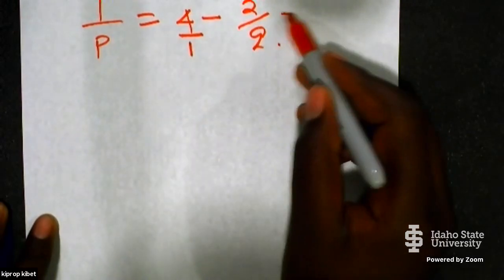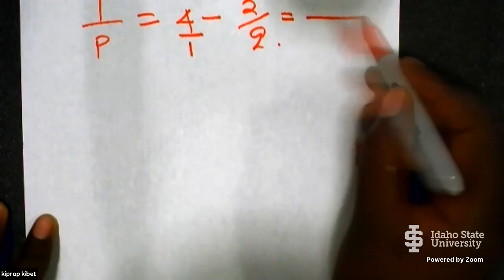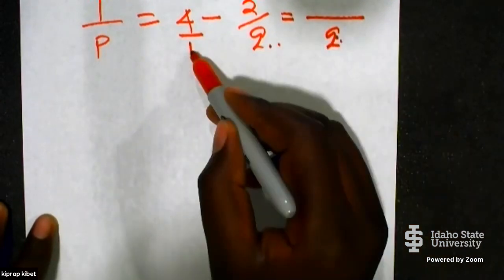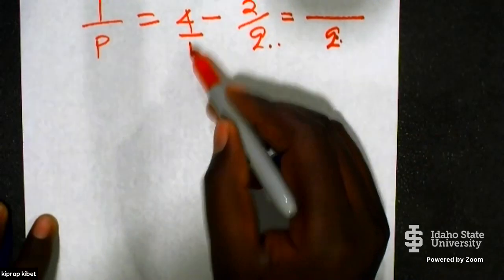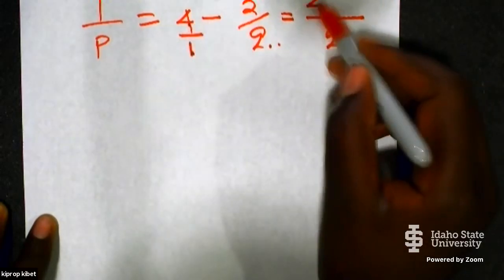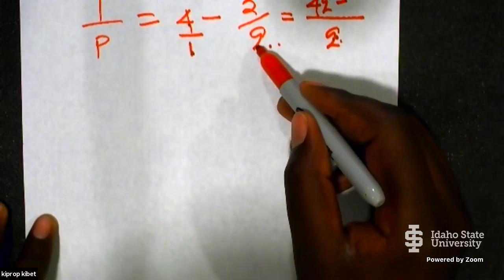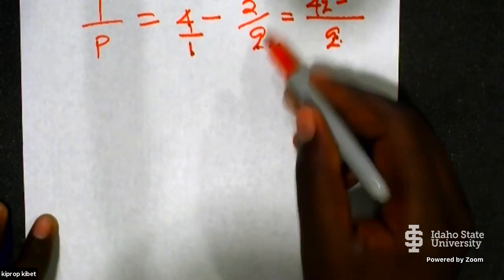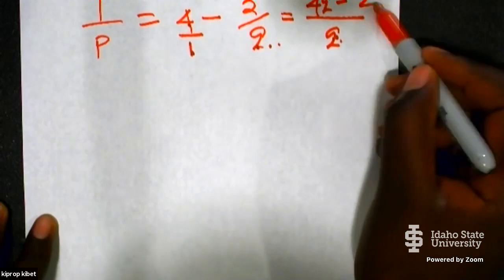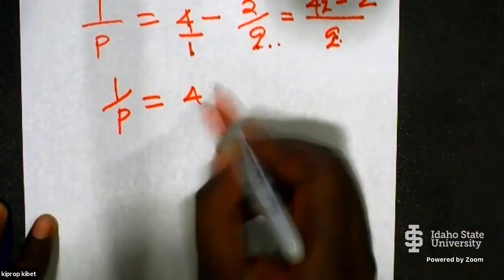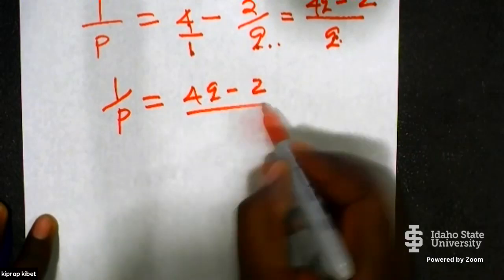We get the LCM of this, which is q here. What do you do here? You multiply, so 4q minus this, and this is 1, right? You divide, so 1 times 2 is 2. So 1 all over p equals 4q minus 2 all over q.